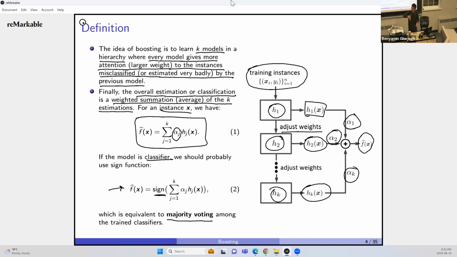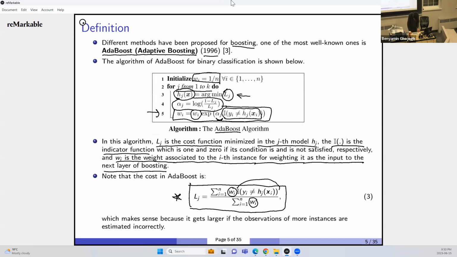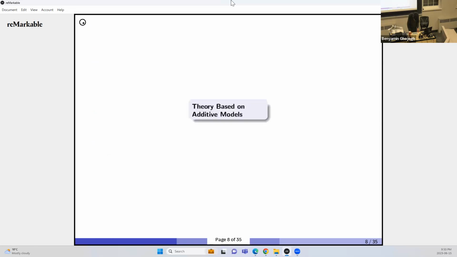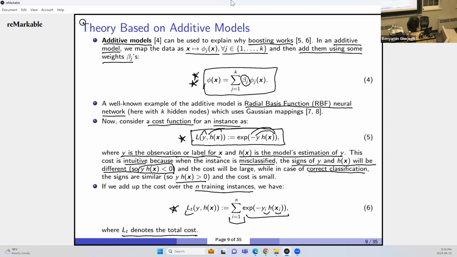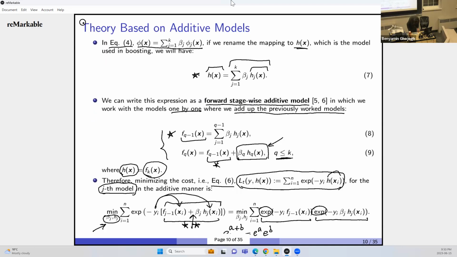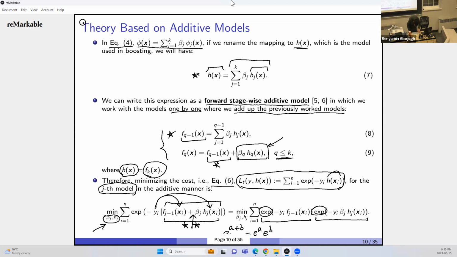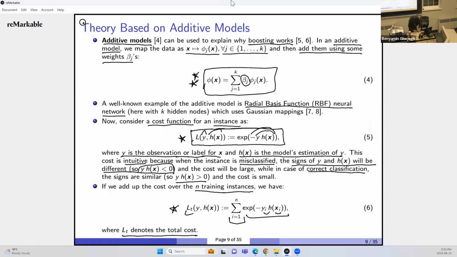They are the weights in the additive model for the boosting. Where was that?